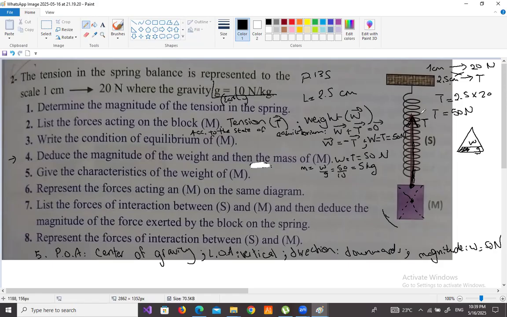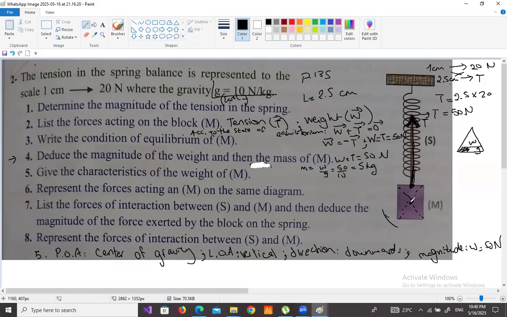And the direction: the spring is holding the object, because without the spring the object would fall downwards, so the force will be pointing upwards. The weight, if we use the same scale, will have the same length as the tension force.